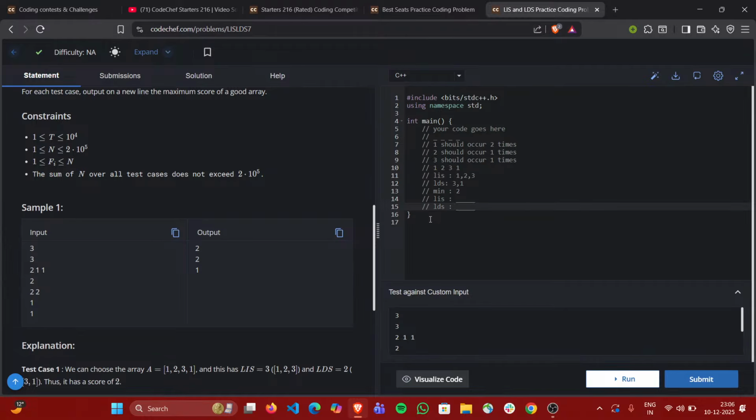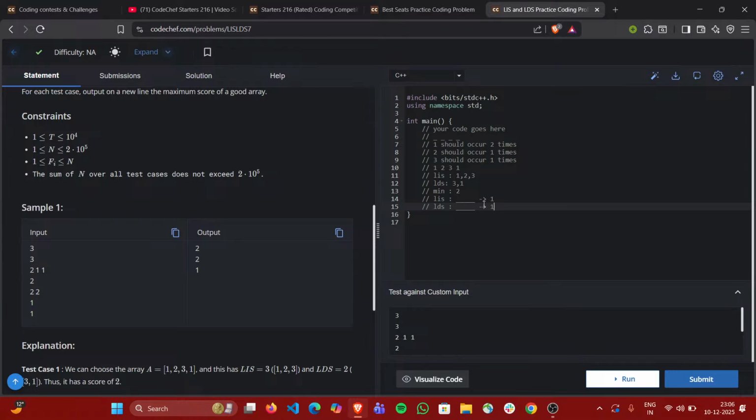Since I have elements from 1 to n only, if an element occurs multiple times, for example in this case 1 occurs 2 times, I will put 1 in the LIS and I will put 1 in the LDS also. I can do that because I have it 2 times.